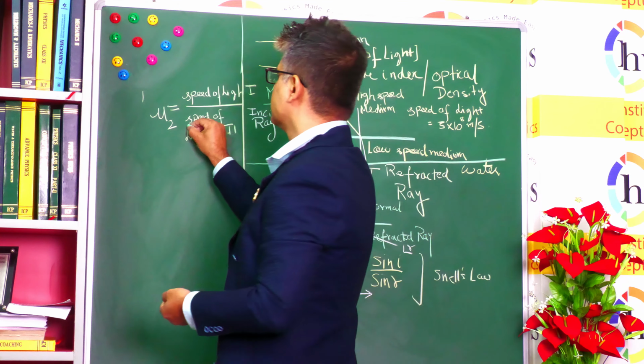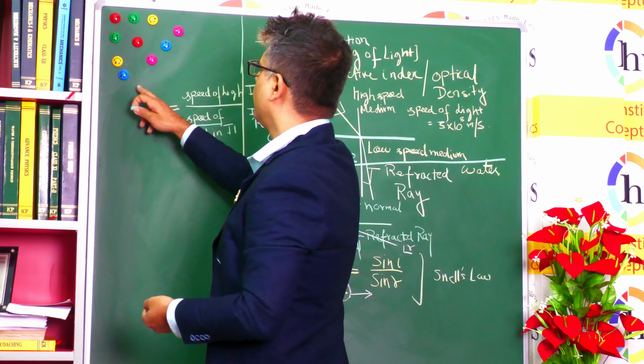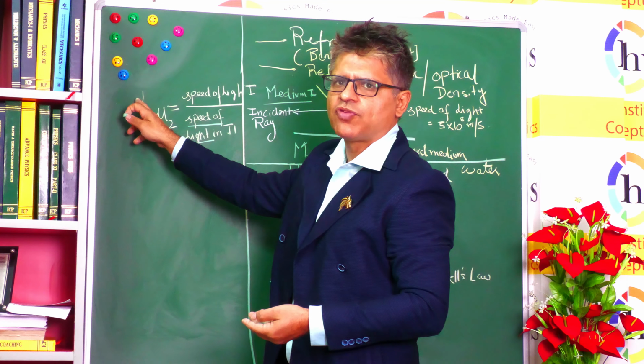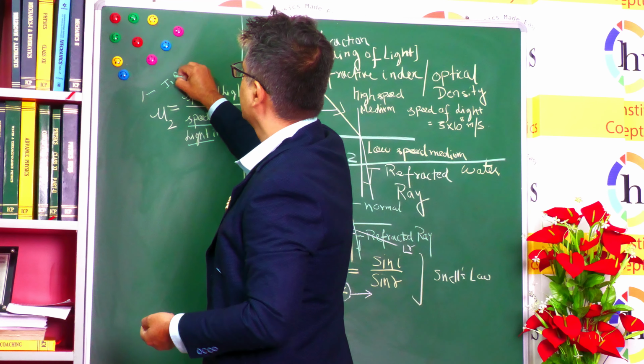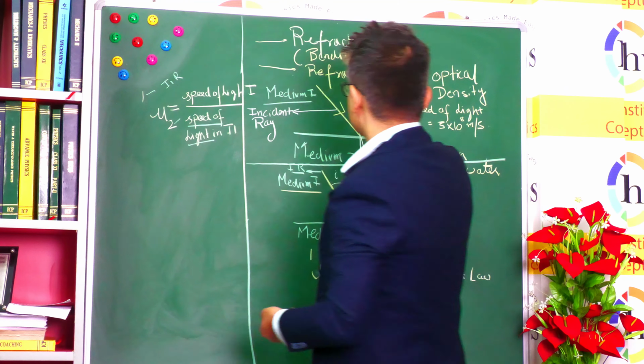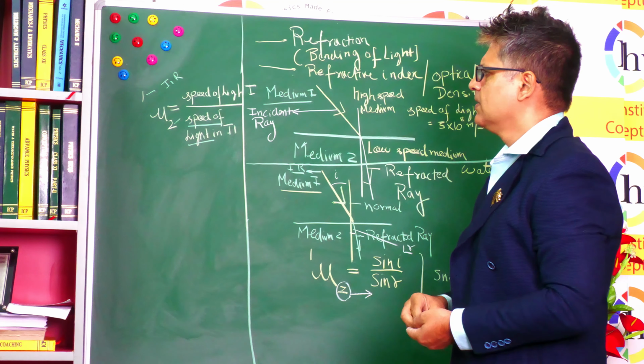So here the assumption is the light is coming from 1 to 2. This is your incident ray and this is your refracted ray, which is something like that.